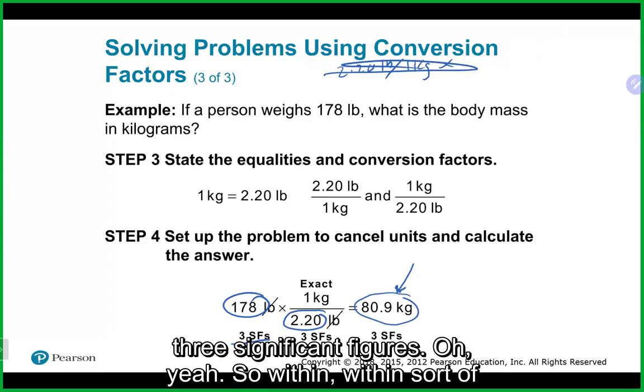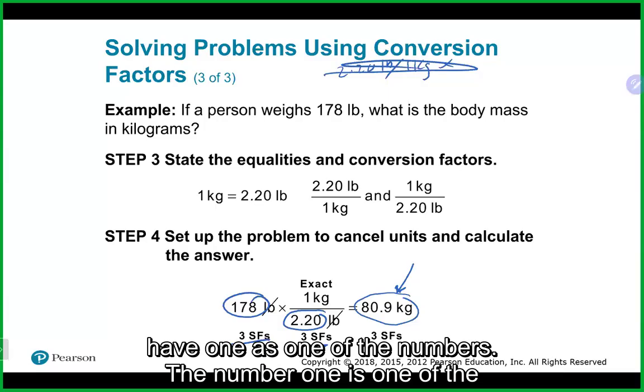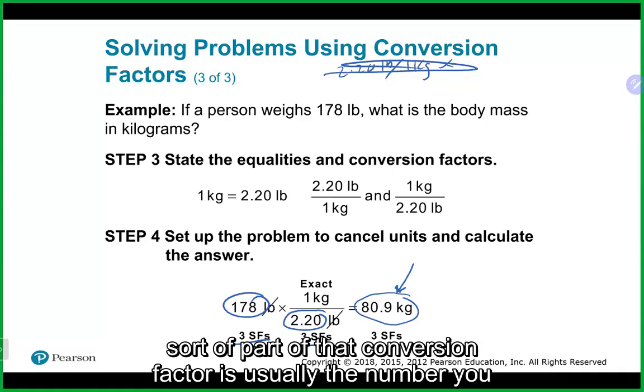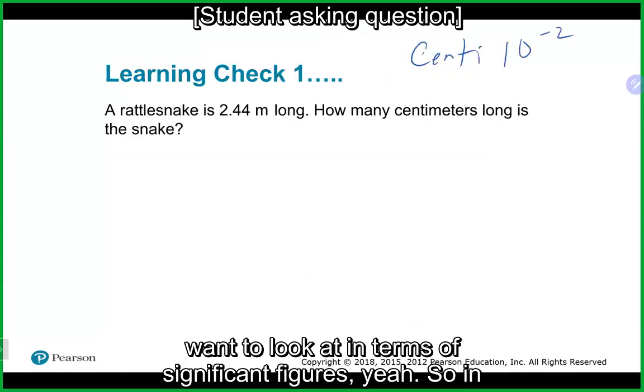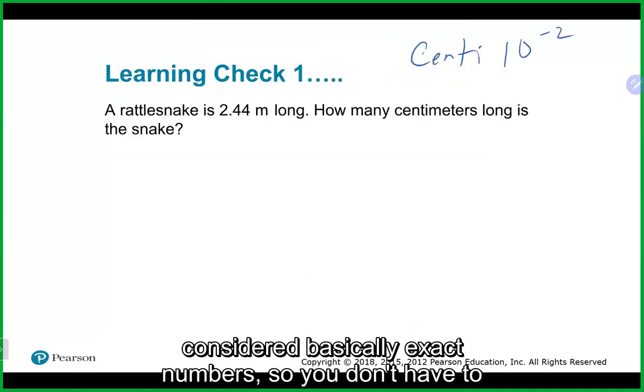Within a metric to English conversion like that, a lot of times you'll have the number 1 as one of the numbers, and that's considered exact. The other part of that conversion factor is usually the number you want to look at in terms of significant figures. Not the same case in, for example, 12 inches is 1 foot, where they're both considered exact numbers, so you don't have to worry about either of those.